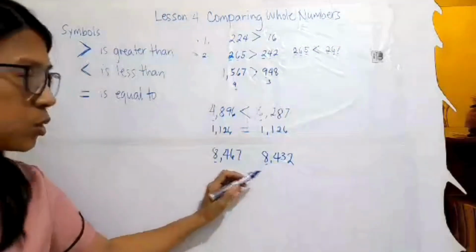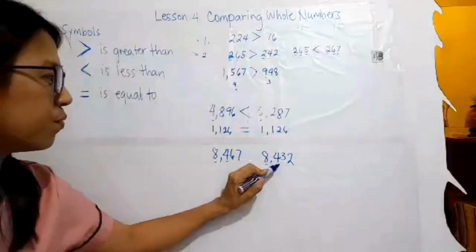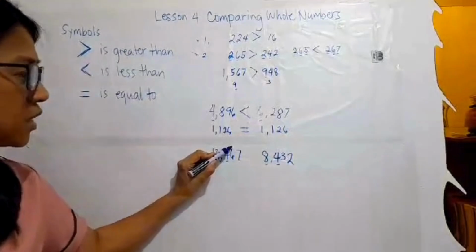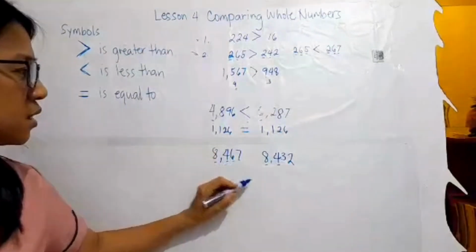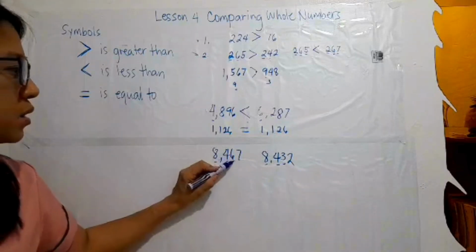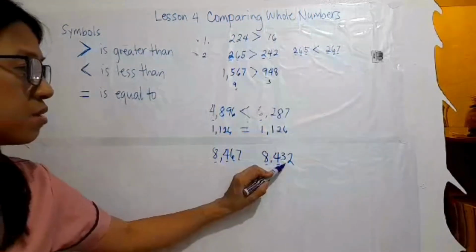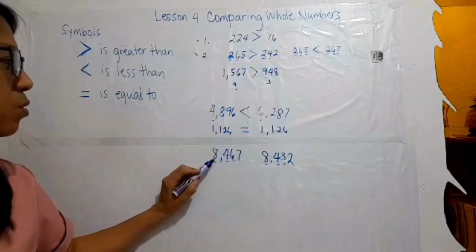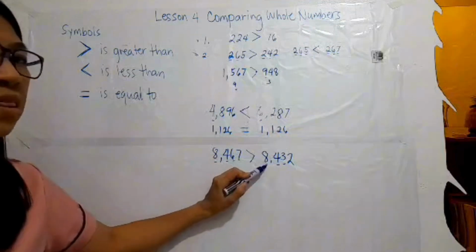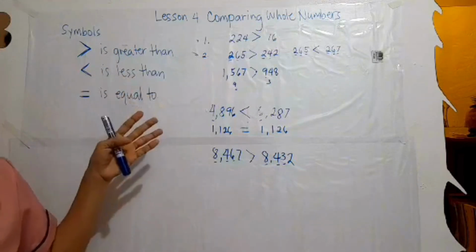They are the same, so we proceed to the next digit, which is the number 4 here and the number 4 there. They are also the same, so once again we have to proceed to the next digit, which is 6 and 3. Okay, now they are not the same, so we can compare. 6 and 3, we can say that 6 is greater than 3. Therefore, we can conclude that 8,467 is greater than 8,432. That is how we compare whole numbers.